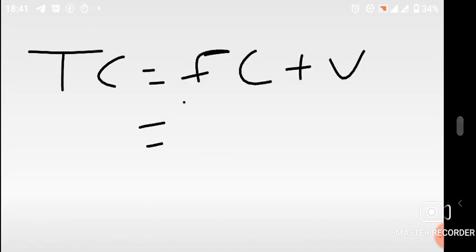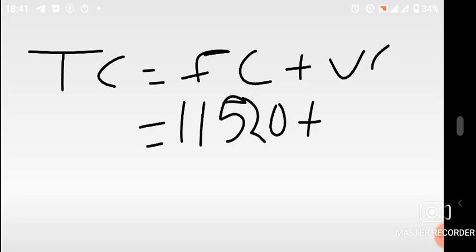And then they told us, okay, we are now computing the total cost, which is equal to this, right? Total cost is equal to fixed cost plus variable cost. Okay, so fixed cost, we've just gotten them as 11,520. Variable cost, what are we going to substitute on variable costs? They said that as of 2014, because we are computing for the year 2014, and the question stated that, so as you compute for the year 2014, variable costs will increase by 10%, which if you rewind in the video, where we were solving it on the screen while sharing the calculator, you found that it was 34.1 as a new variable cost.